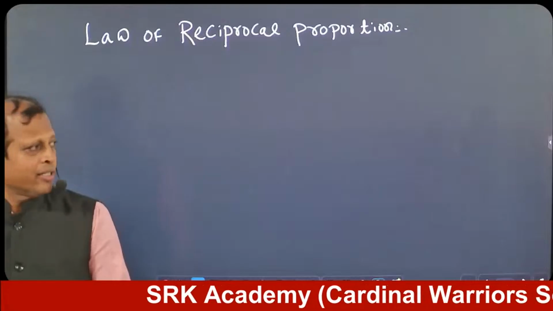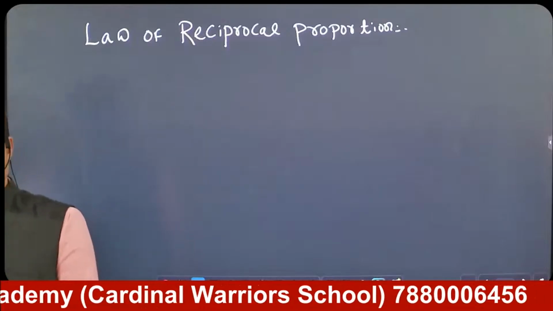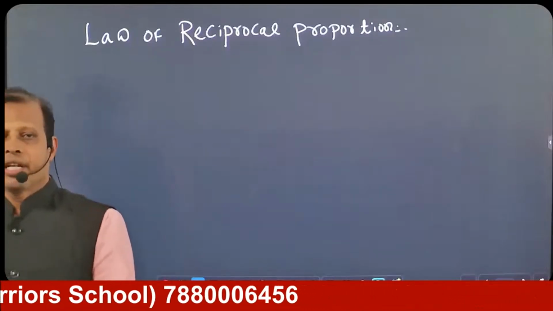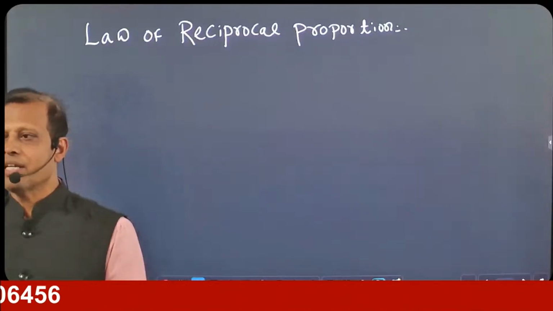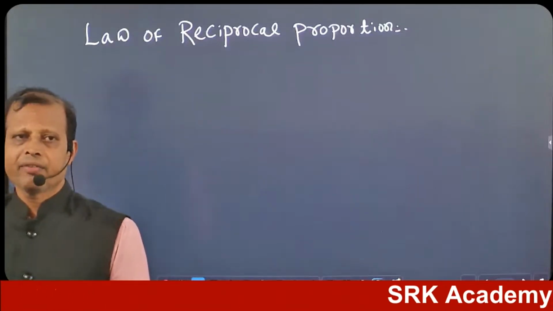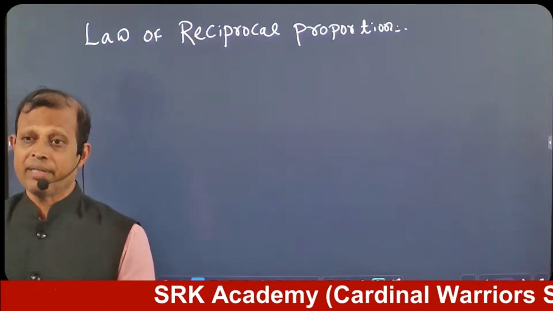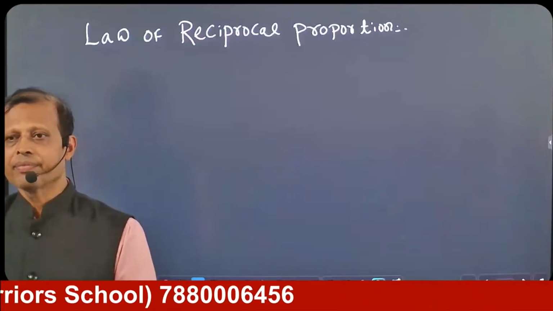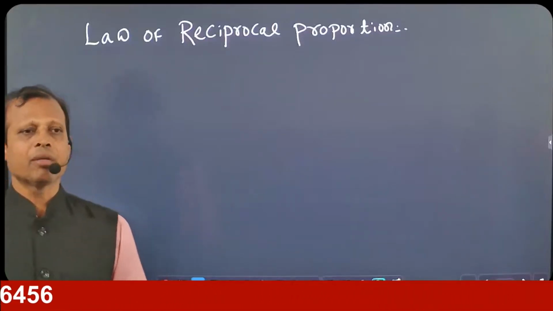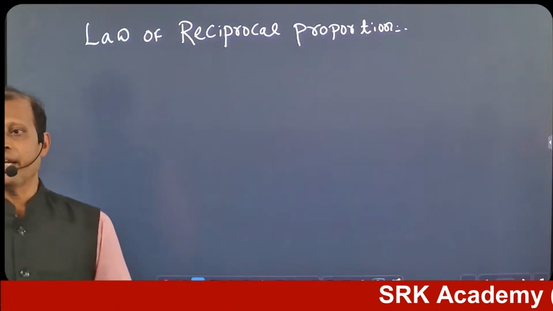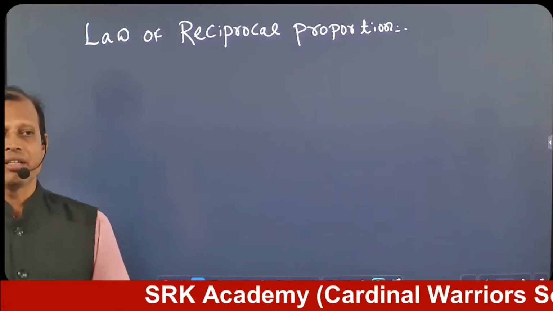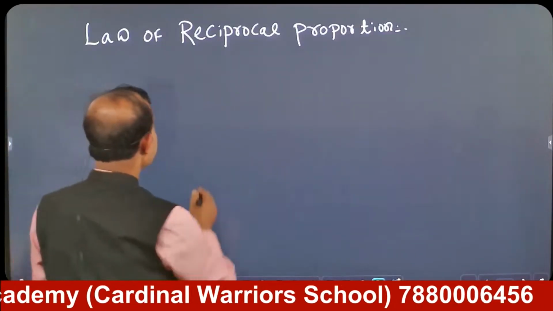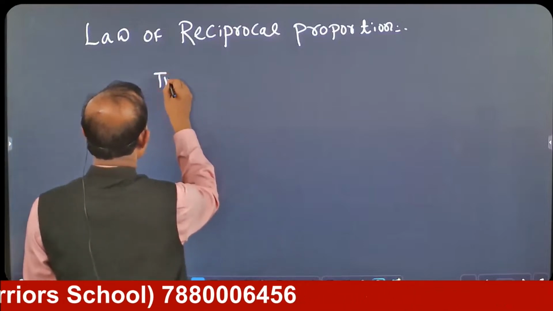What does it state? What is the law all about? The ratio between the masses of two elements A and B, which combine with the fixed mass of another element C, always be the same, or the multiple of ratio in which A and B directly combine together.